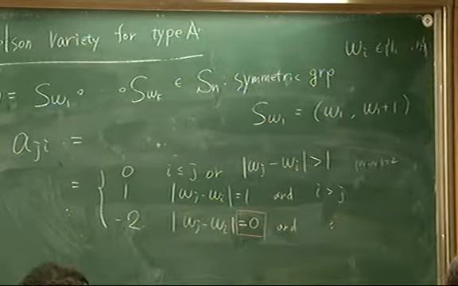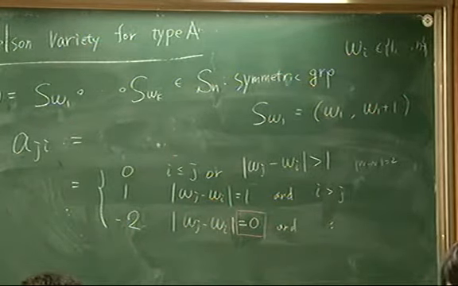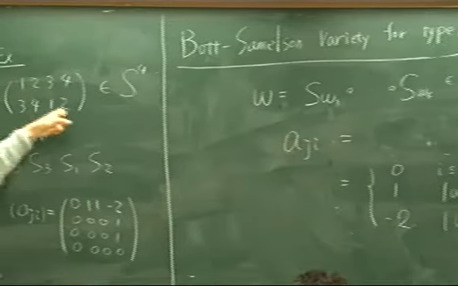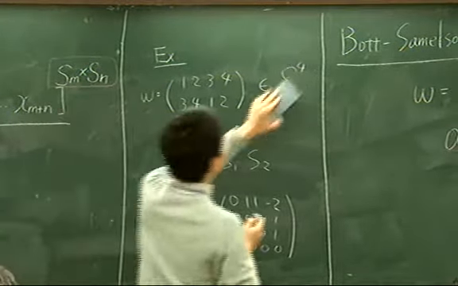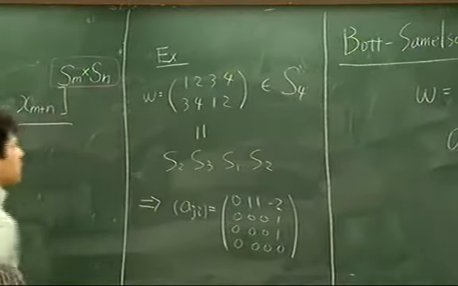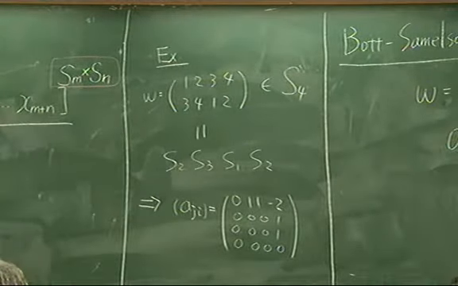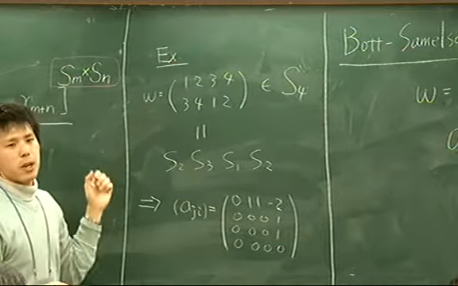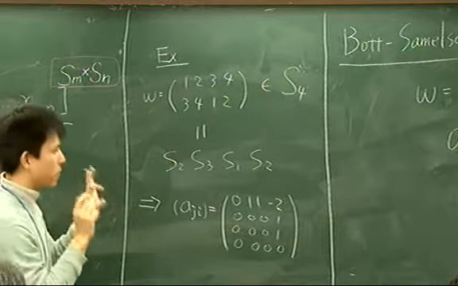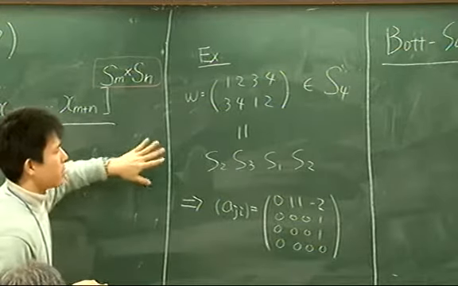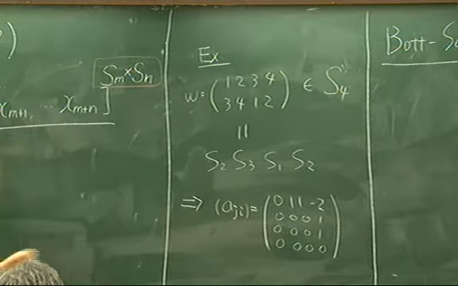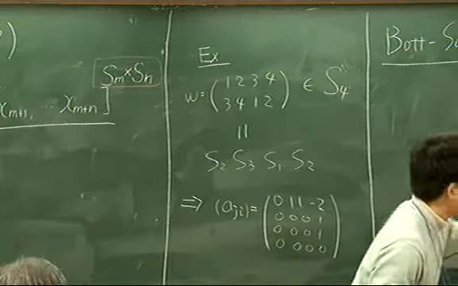Okay. So first, here is an example for A_ij. If we take w as an element of S4, like this, then this permutation can be decomposed into simple transpositions as this. Then we can explicitly give this matrix by this rule.